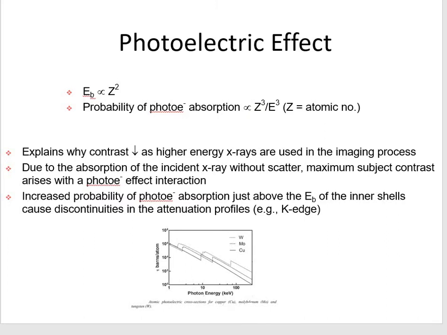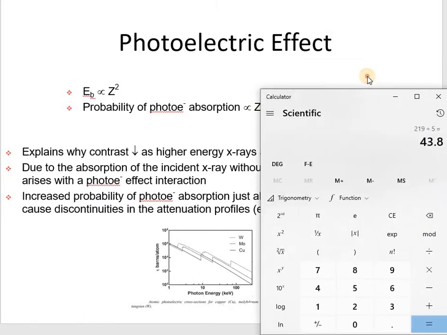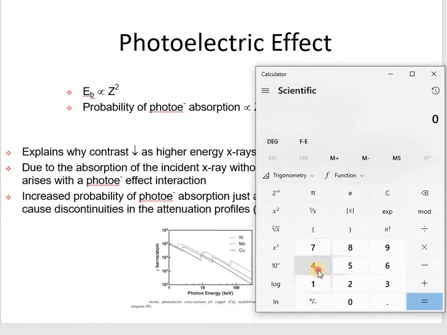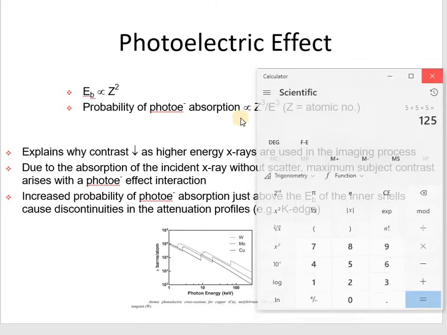So 4 to the power 3, the probability is about 64. But if the atomic number is 5, the probability goes up to 125. So 125 to 64 is a huge difference, although the atomic number increased by only 1.